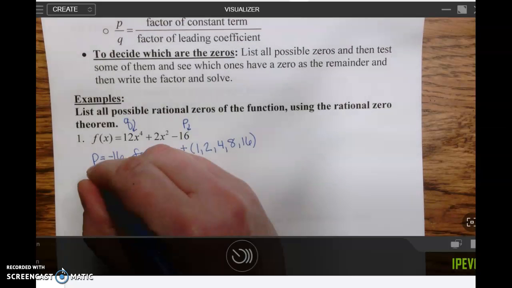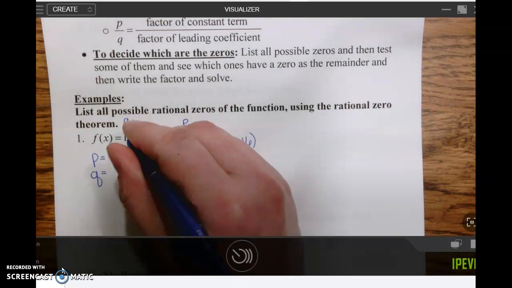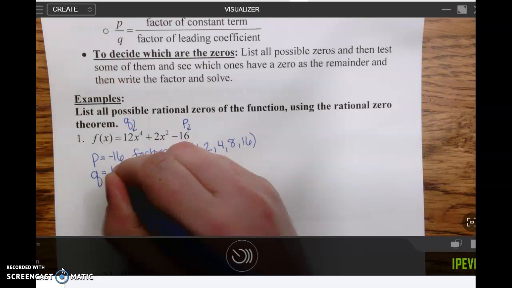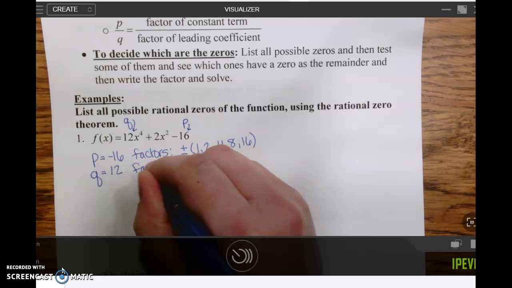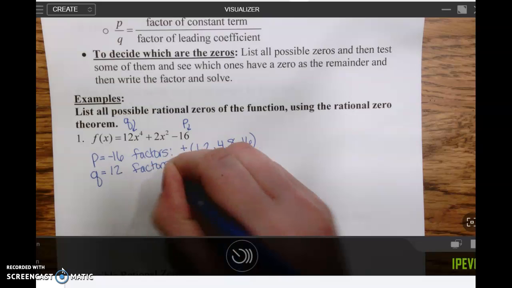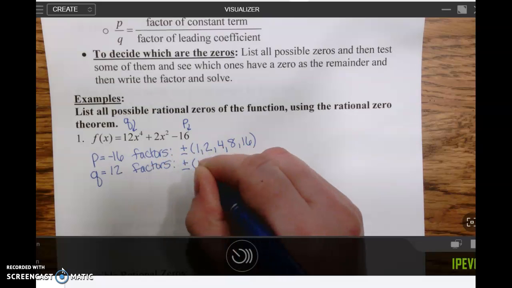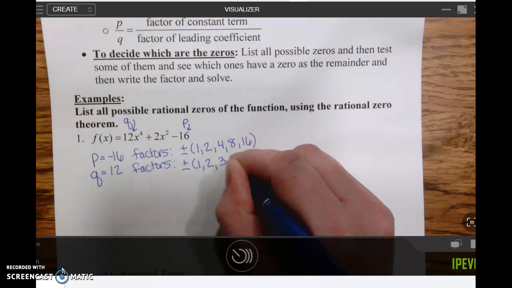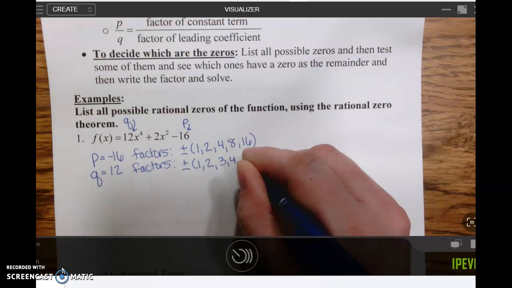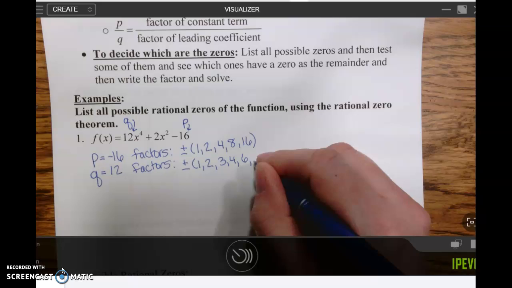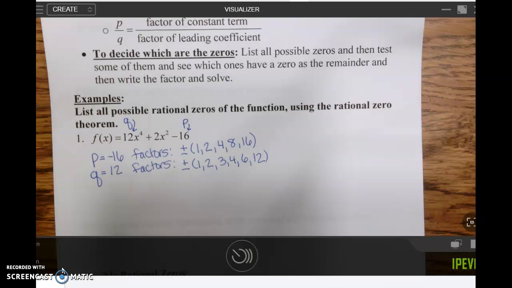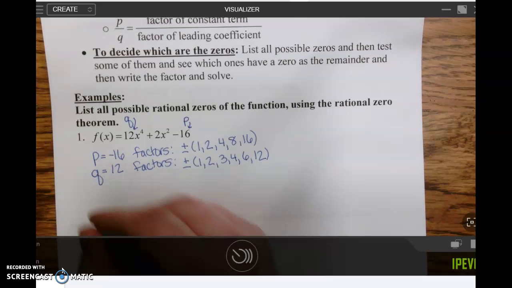And for Q, we have the 12. And so the factors that multiply to be 12 include positive or negative 1, 2, 3, 4, 2 and 6, and 1 and 12. And so our possible rational zeros are all the p's divided by all the q's.